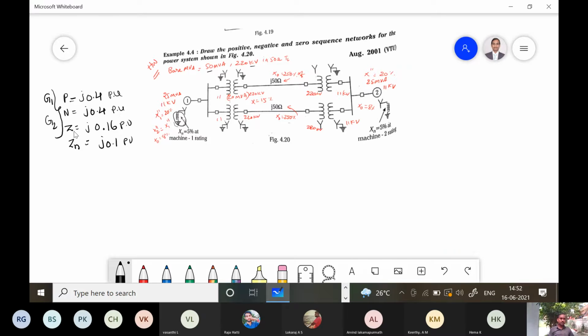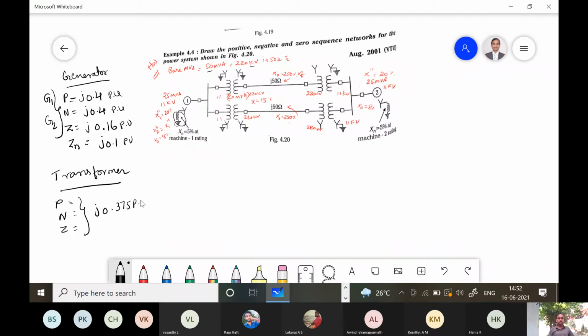Similarly for the transformer, we have calculated positive sequence, negative sequence and zero sequence, and in all the cases it is J0.375 per unit.